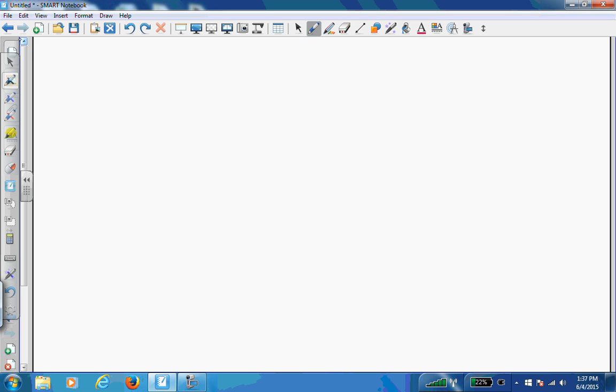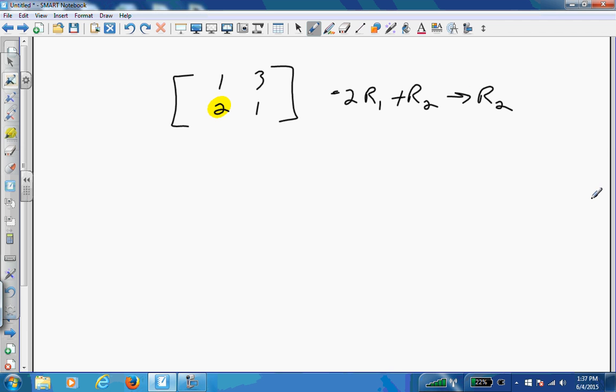And it turns out that if we have some matrix and we want to put this in row echelon form, we need a 0 here. So to get a 0 here, we would do -2 times the first row plus the second row to get our new second row.